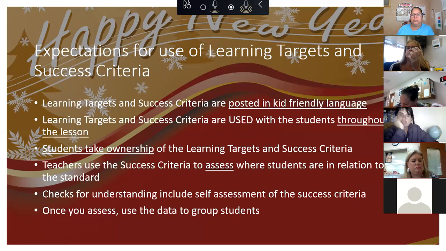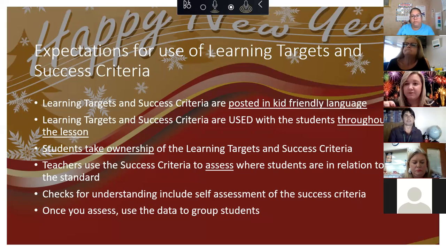Some of you post it in your Schoology. Some of you post it on your PowerPoint slides. Some of you actually talk about it at the beginning of your lesson, or you'll refer to, today we're learning about, things like that. Or as long as the kids kind of take ownership of what they're learning, it's okay. Does that make sense? Okay.